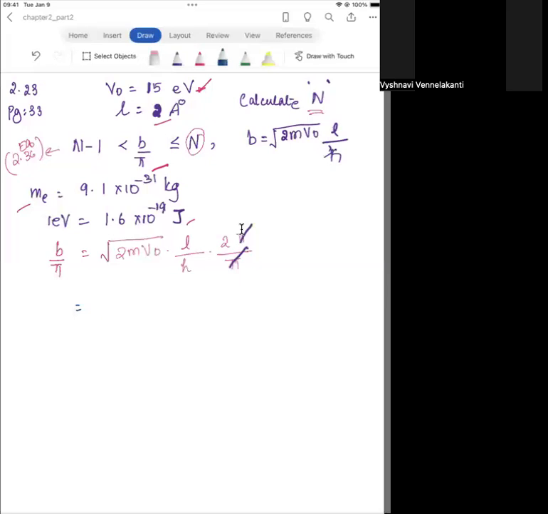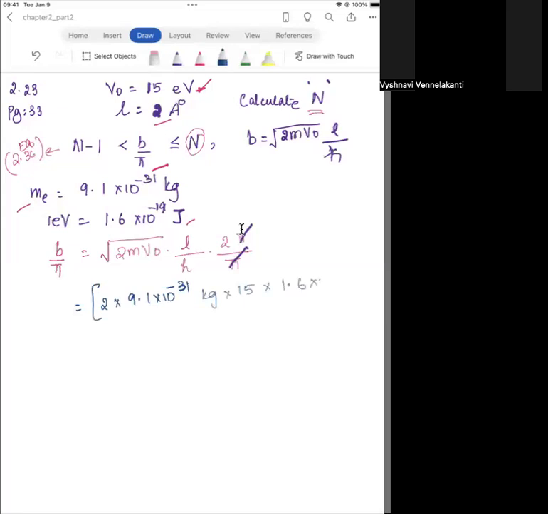So the values would be 2 times 9.1 into 10 to the power minus 31 kilograms times 15. Instead of electron volt, we're going to convert that to joule.